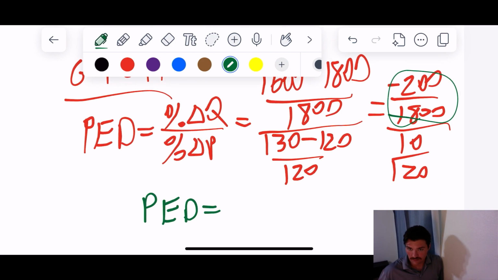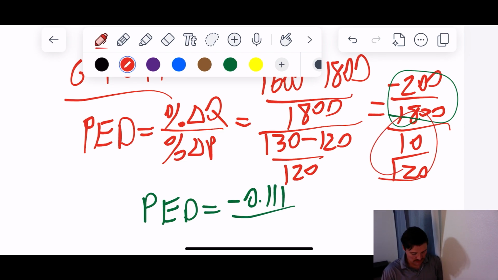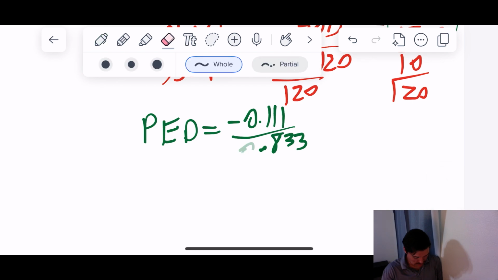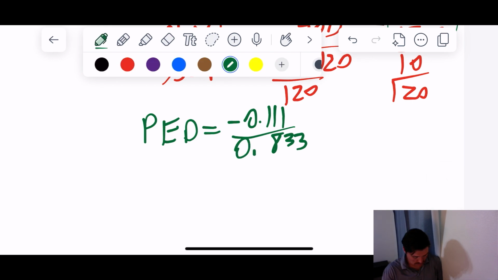From here, we'll just divide these two numbers. So we'll get negative 0.111, and then we can do this one here, just 10 over 120, and that is 0.083. Good.